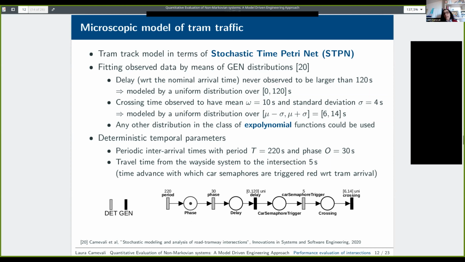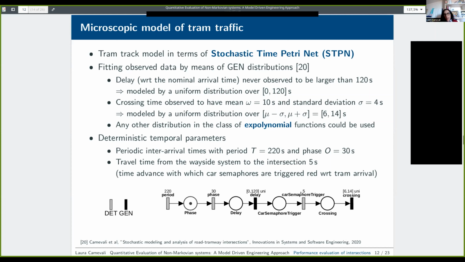And then we have a delay, which in this case has a uniform distribution between 0 and 120 seconds. This is the delay with which the tram arrives at a wayside system positioned near the intersection. When the tram arrives at the wayside system, the car semaphores are triggered red.